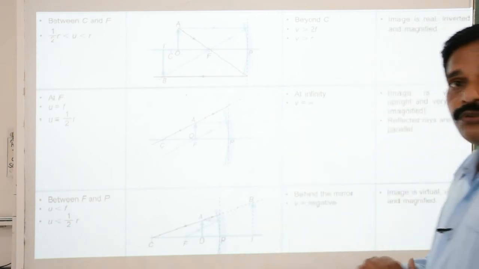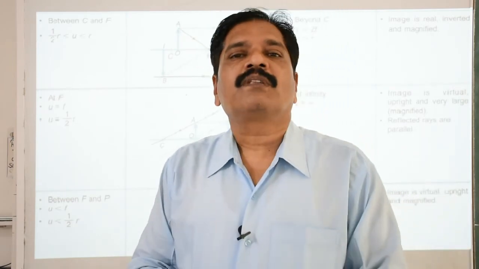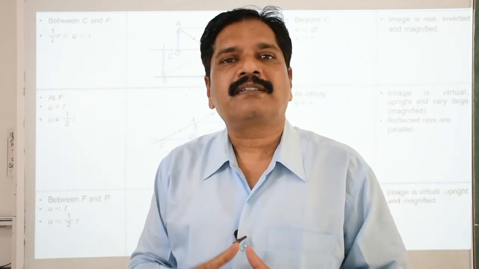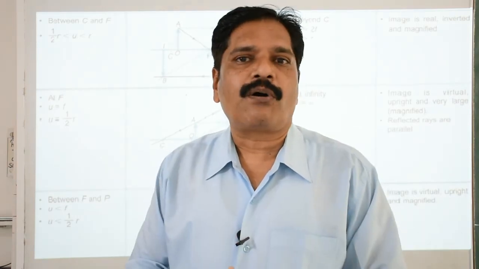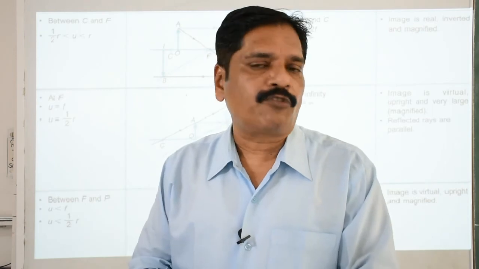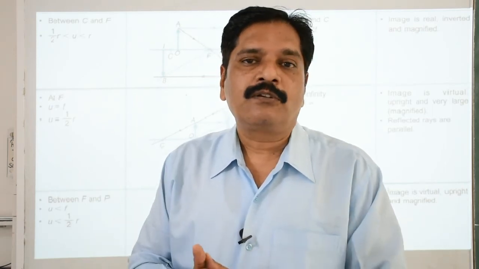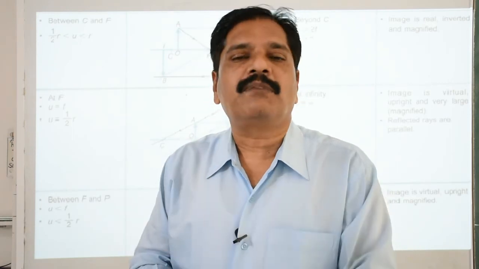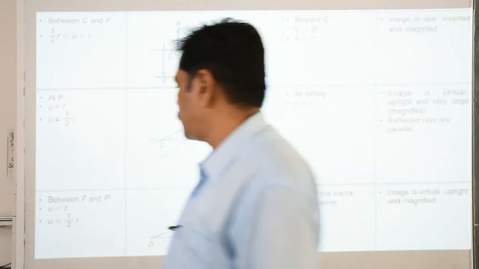You know that this property is used especially in hair cutting saloons, in the mirror of the vanity box, or your father's shaving mirror. Even the dentist uses this property to observe the enlarged image of the teeth. So this is the basic fact which we learn from this.